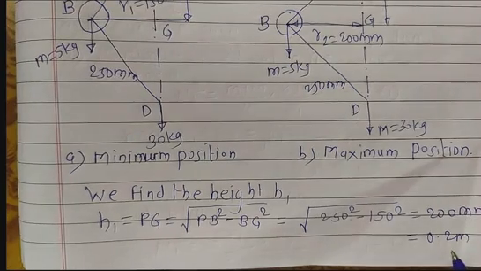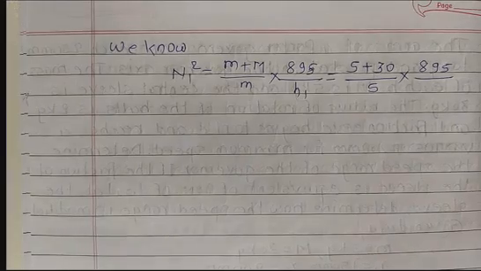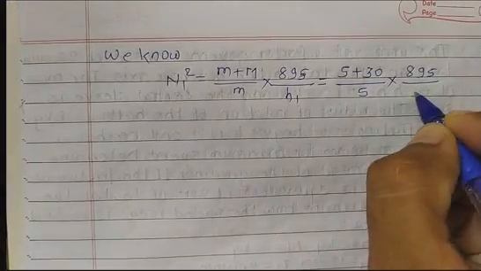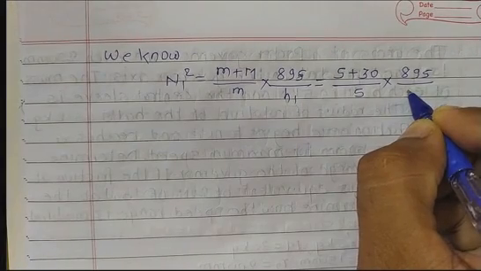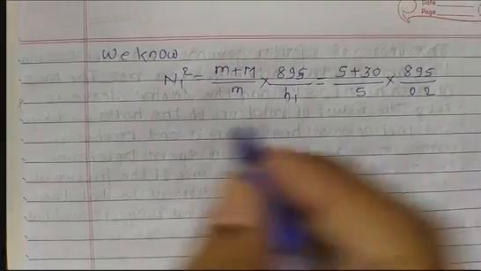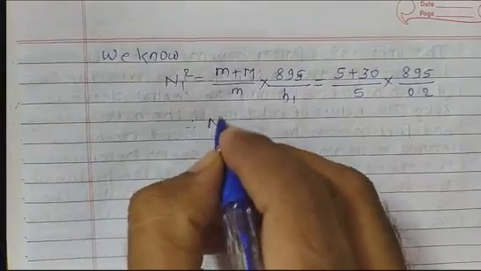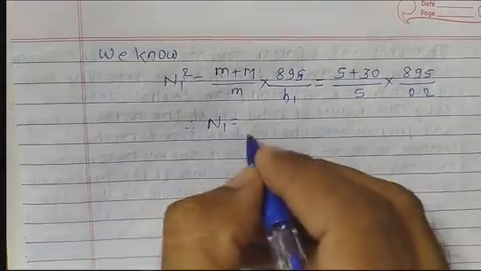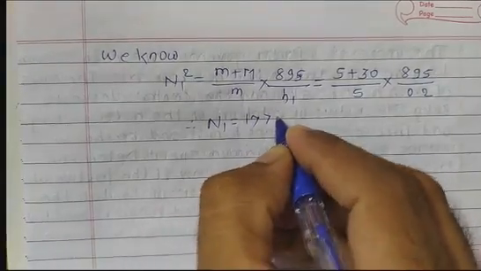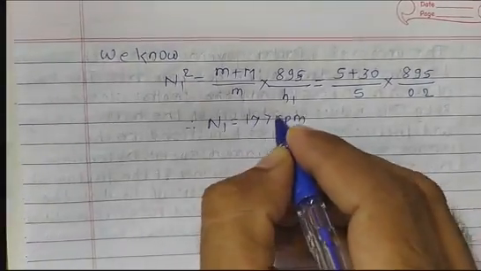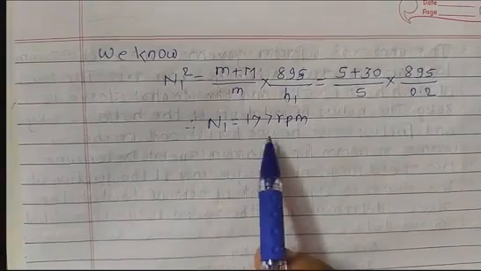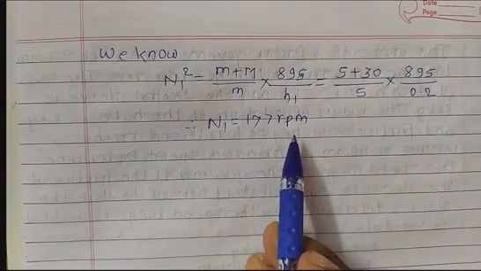Substitute h1 here as 0.2. Then do the calculations and get the value for N1. After doing the calculation, we found the value for N1 as 177 rpm.